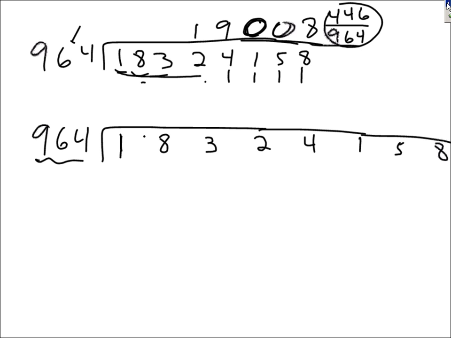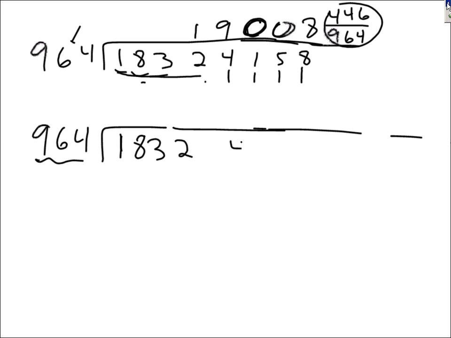In fact, just to save a little space, and to give myself more space, let me put the 1832 closer. 1832, 4, 1, 5, 8. Okay, and it goes in one time.